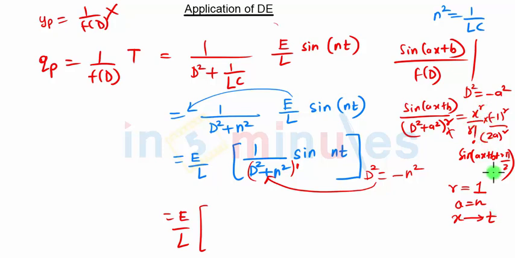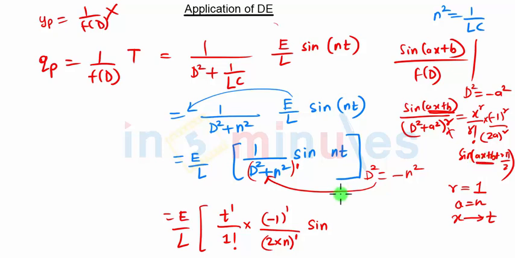So here we have x raised to r, so t raised to 1 upon r factorial, so 1 factorial into minus 1 the whole raised to r upon 2a, a is n, the whole raised to r into sine of this ax plus b, and ax plus b remains as it is, so sine nt will remain as it is, plus r pi by 2. r pi by 2 is nothing but pi by 2.